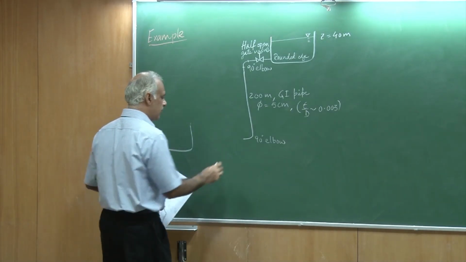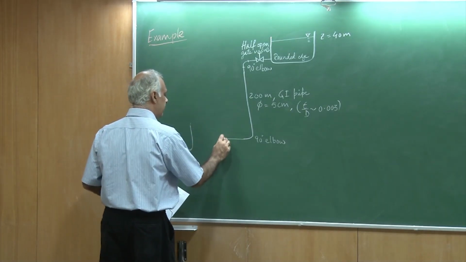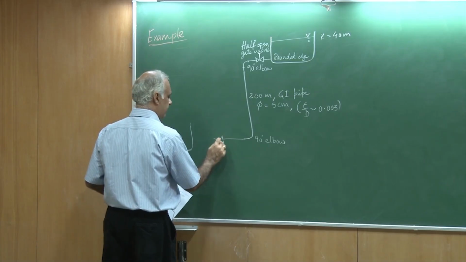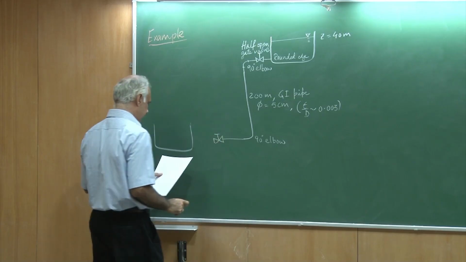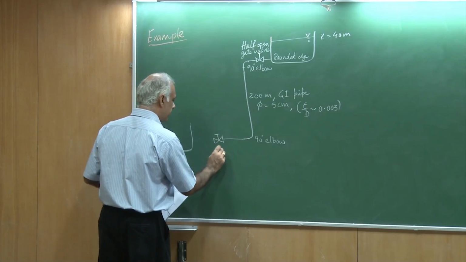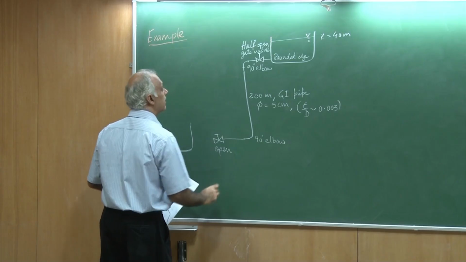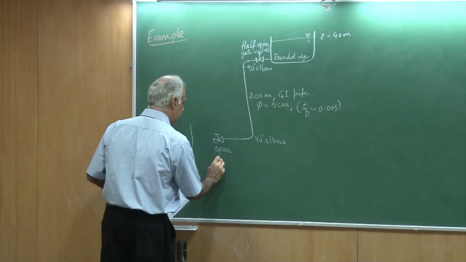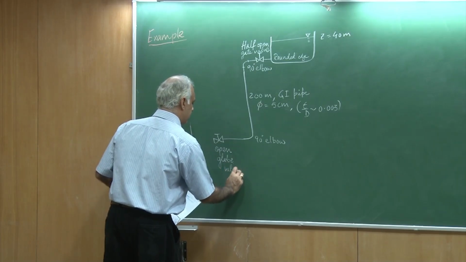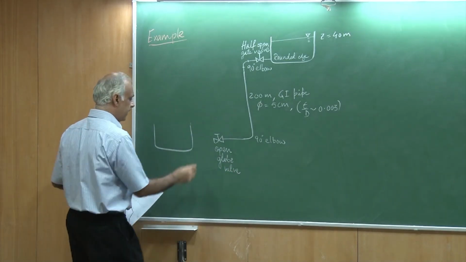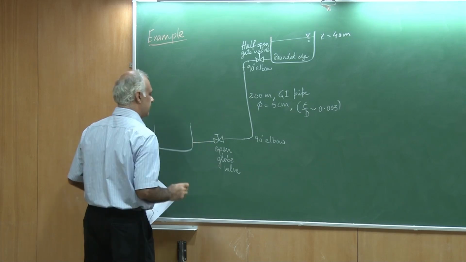and then it goes through another valve, this time it is an open gate valve or a globe valve, and then it feeds the tank.